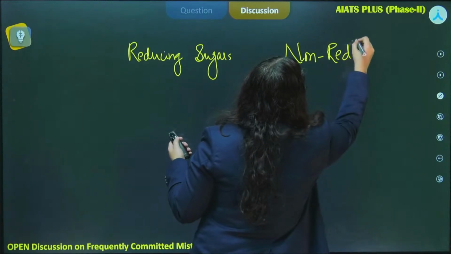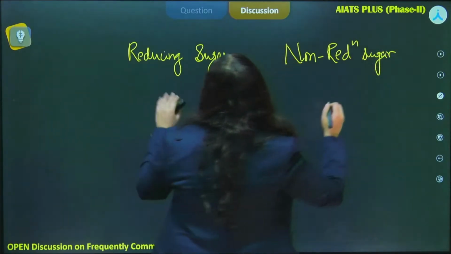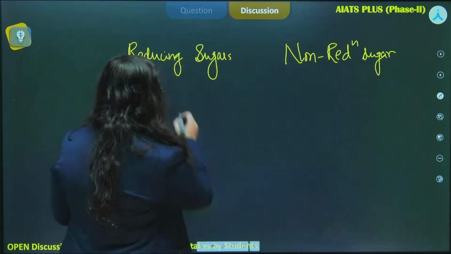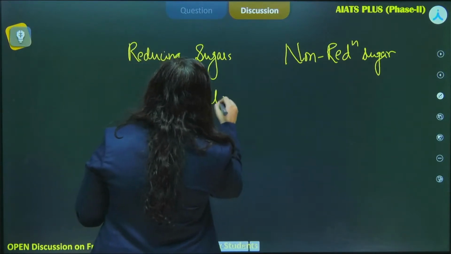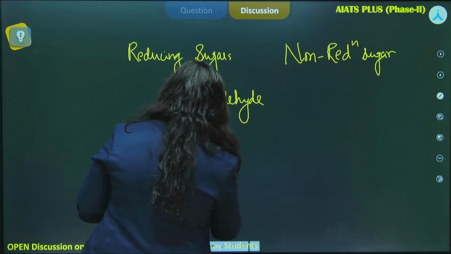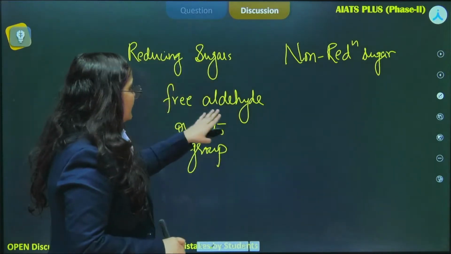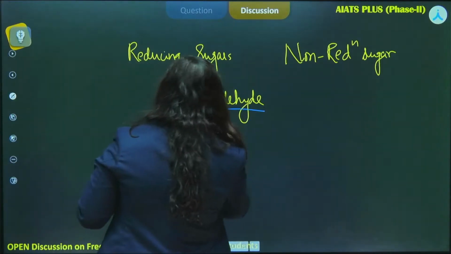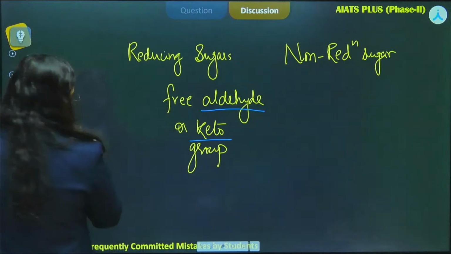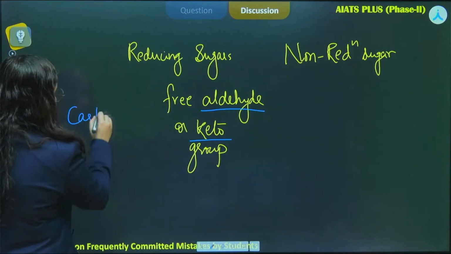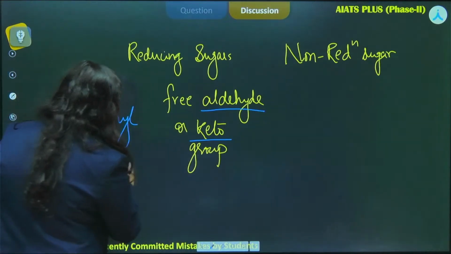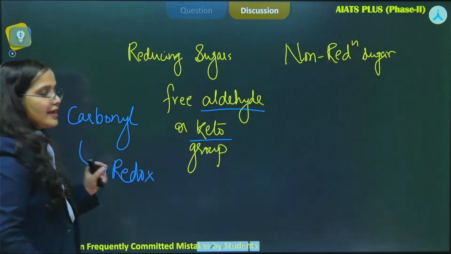So basically, a reducing sugar is the sugar which contains a free aldehyde or keto group where the carbonyl part of the aldehyde and the keto group can participate in redox reaction, meaning to say this carbonyl will act as a reducing agent.